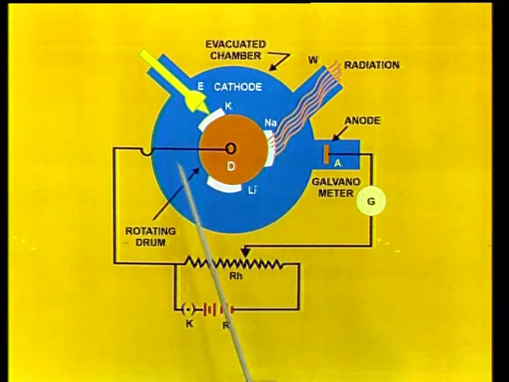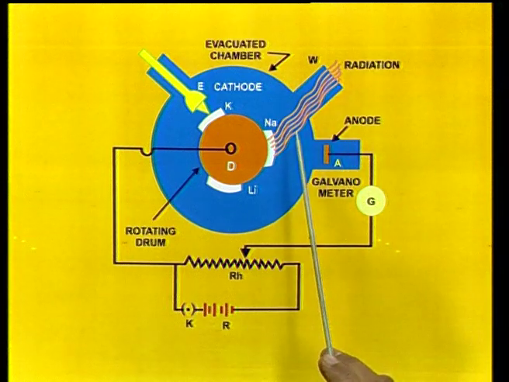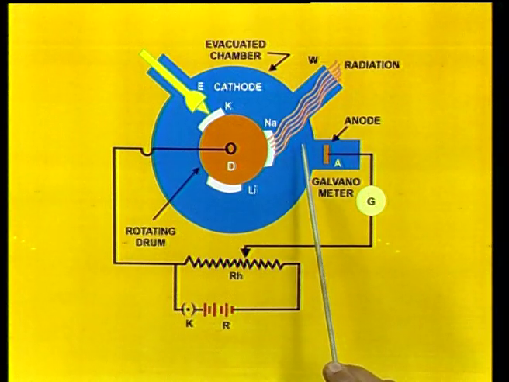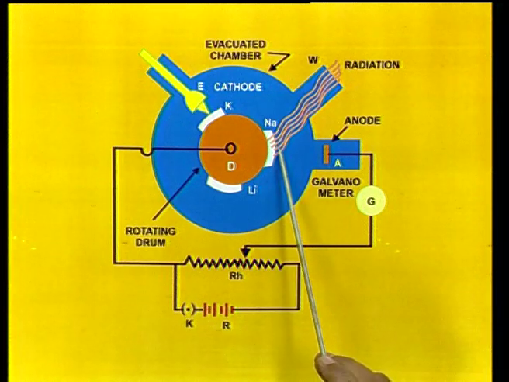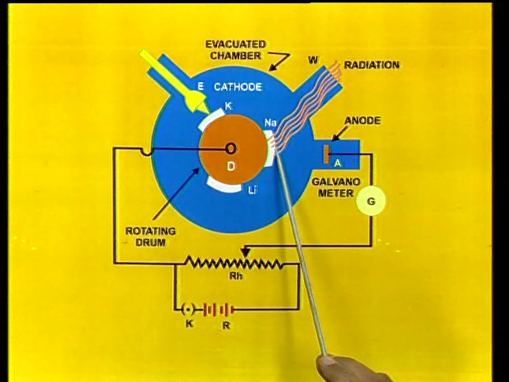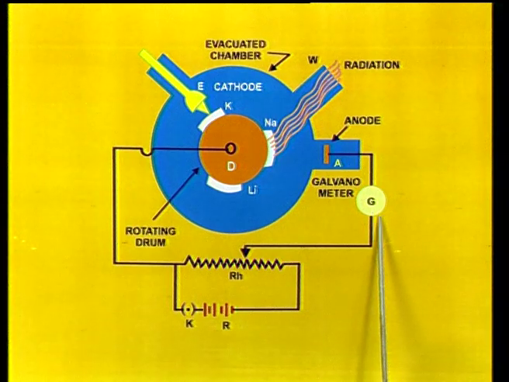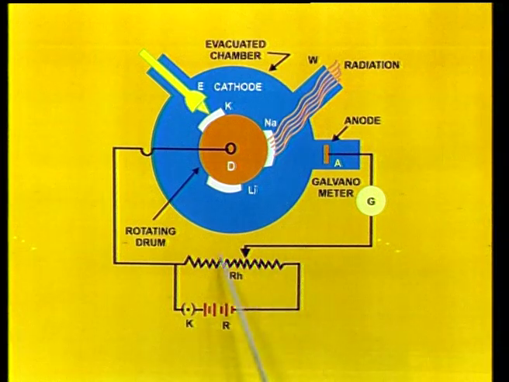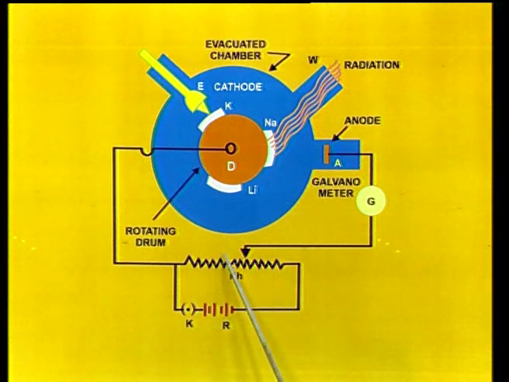This is an evacuated chamber, and the radiation falls on whichever metal we are interested in. Once the electrons are released from these metals, they are taken by the anode, and in the circuit we have a galvanometer. The galvanometer shows the photoelectric current. The suitable potentials are applied using this power supply and rheostat arrangement.